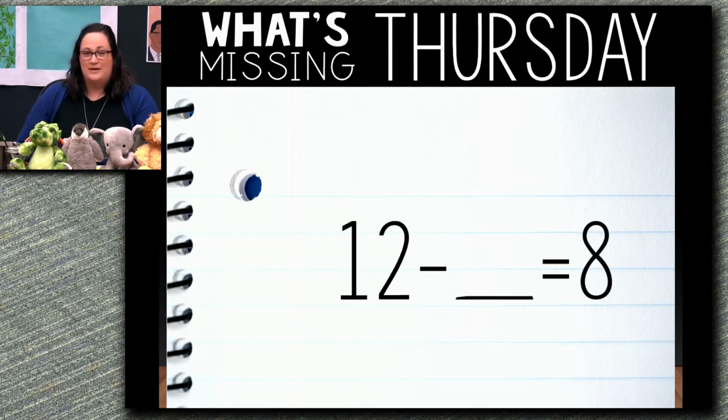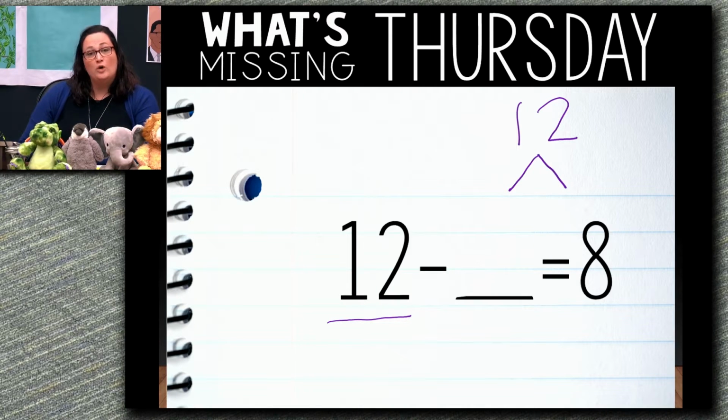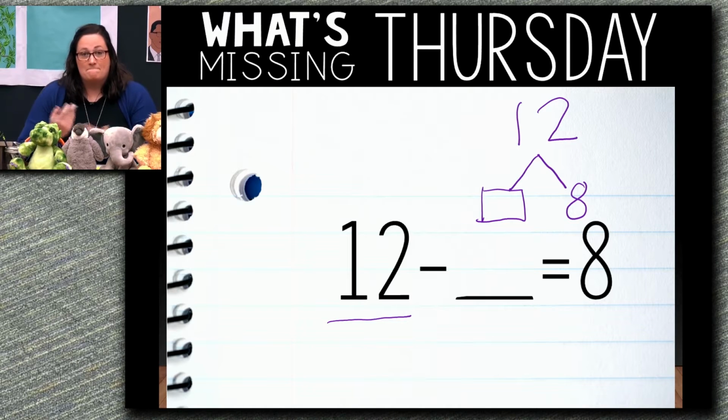Let's go on to the next one. Oh, man. Well, what do we know? We know that we start with a quantity of 12. We know we're going to take some away. And we know that we're going to have 8 left. Can you figure it out now?